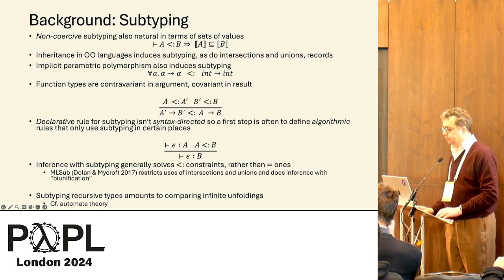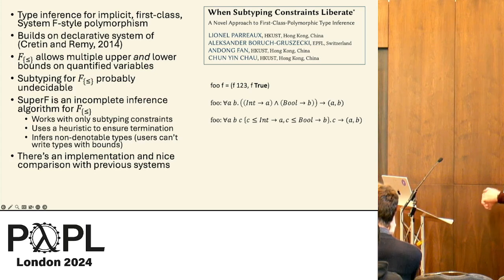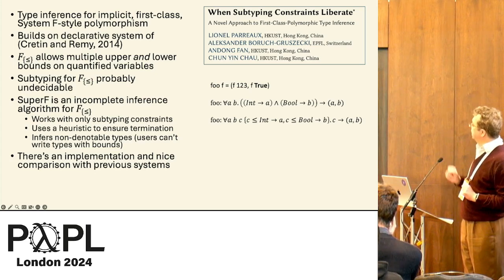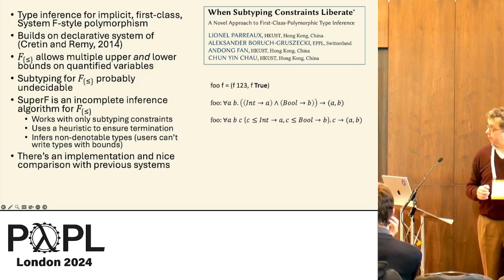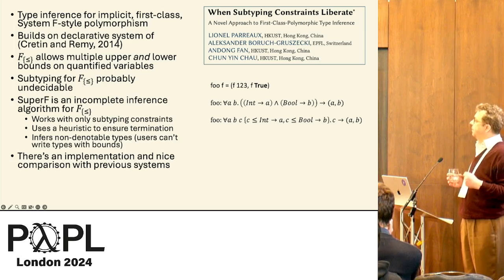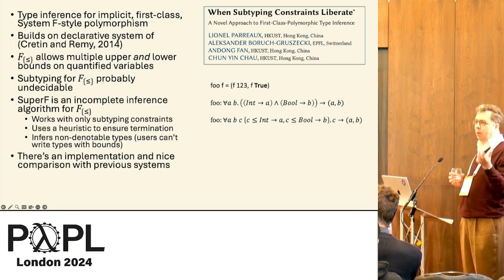So the papers in the session consider these sorts of things. This one, "When Subtype Constraints Liberate", studies the problem of type inference for an implicit first-class System F-style polymorphism. It uses upper and lower bounds for quantified variables, so in the subtyping sense.